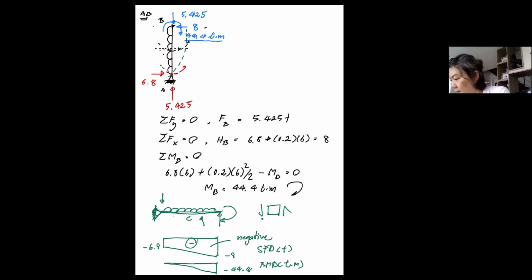Let me draw it again here so that it looks more complete. That's our shear force diagram. Okay, 6.8 and then 8 and then bending moment diagram.